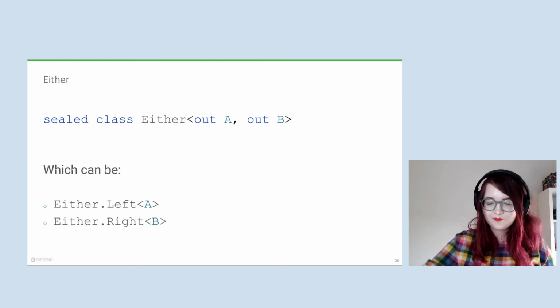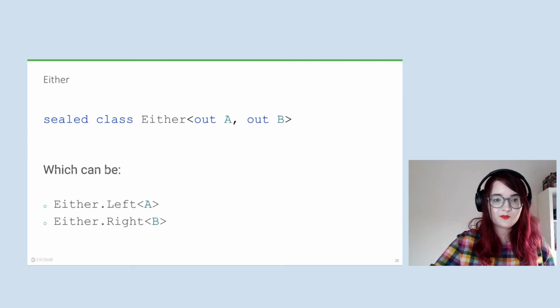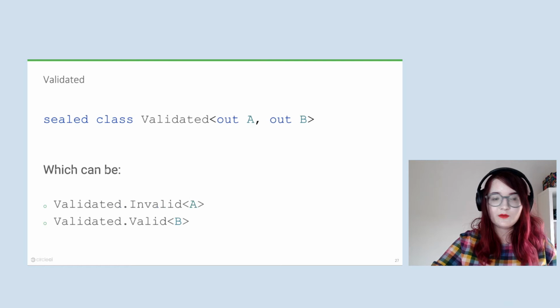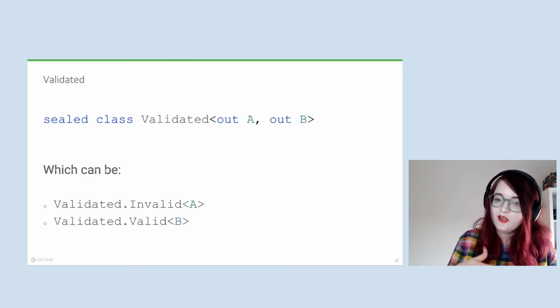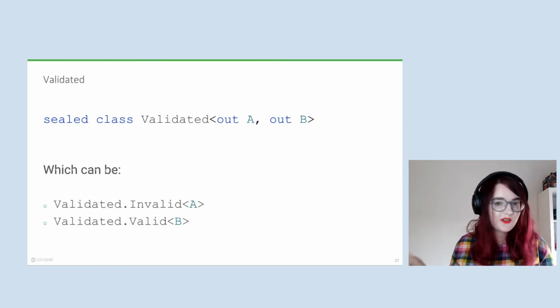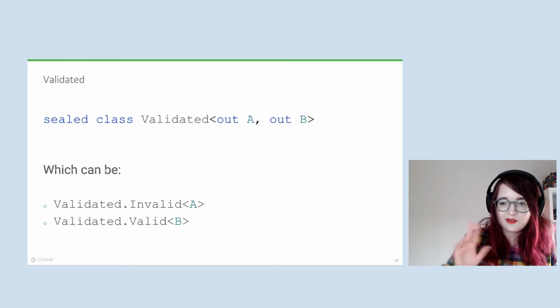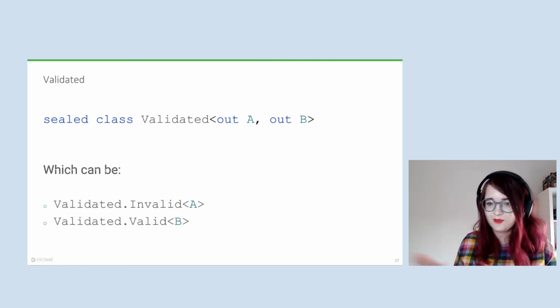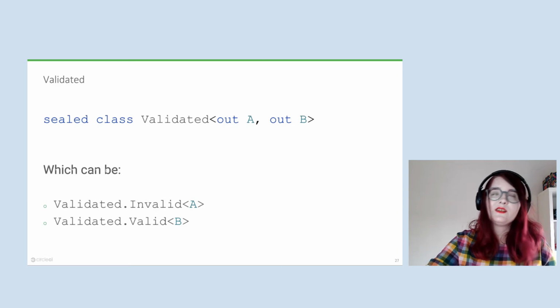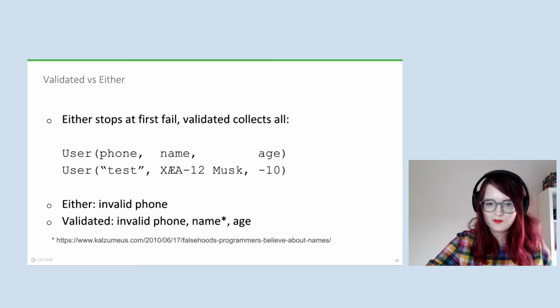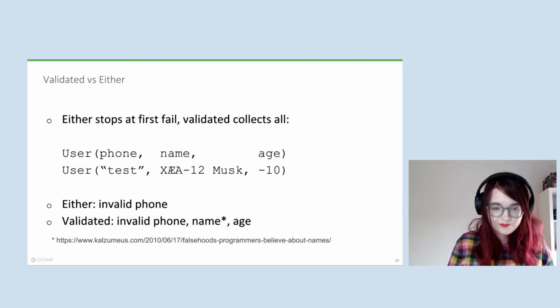But before that, there is a similar type called validated. It's almost the same as either. When you look at its signature, it's also characterized by two values, invalid and valid. The only difference is how you use it. So for example, let's validate a user.